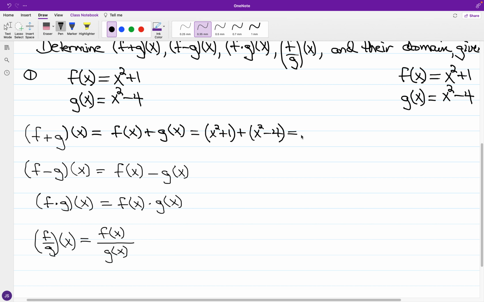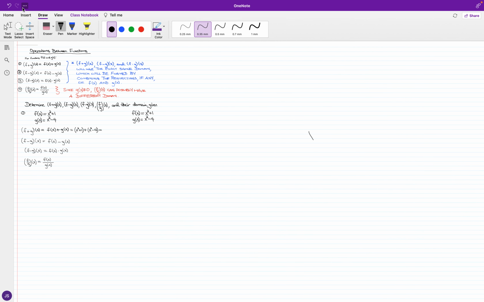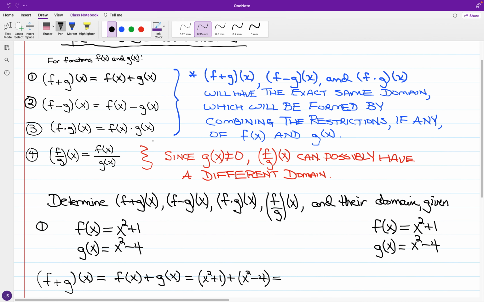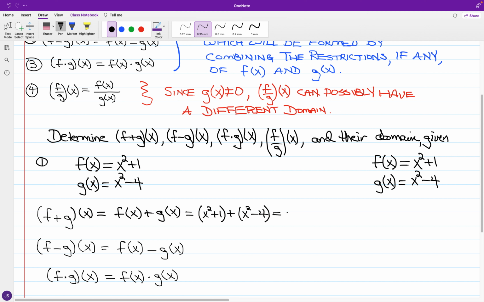And once we take out the parentheses, you're going to have the same terms again. So following through, we got x squared plus 1 plus x squared minus 4, and combining like terms together. So we have x squared plus x squared, so this will come out to 2x squared minus 3.